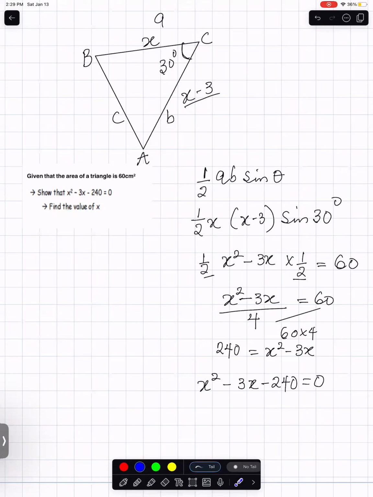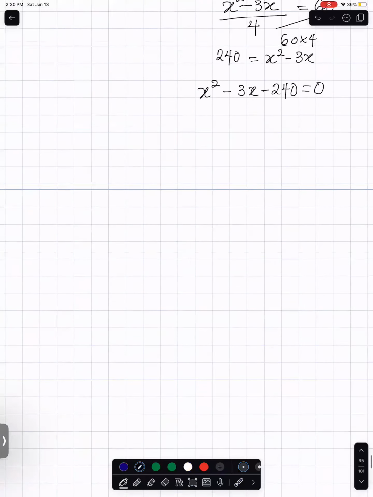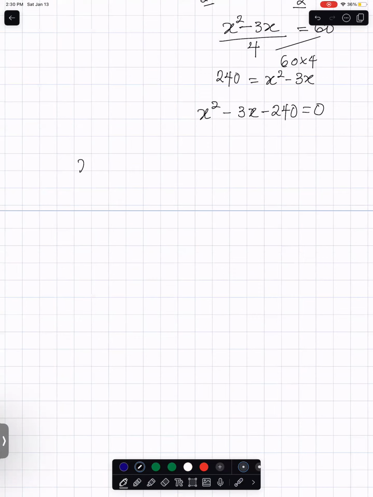So finding the value of x, simply we are using this equation. So you don't need any other value, any other equation. Go back to the equation we've got in here. I'll bring my x squared minus 3x minus 240 equals 0 to find x.